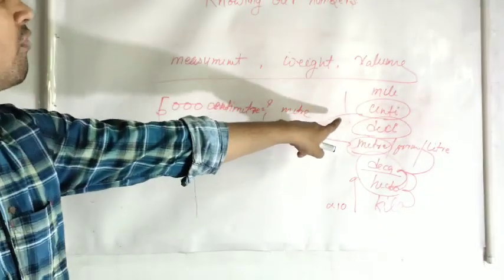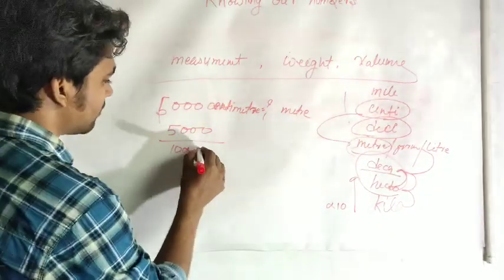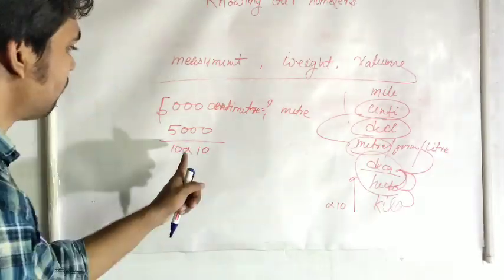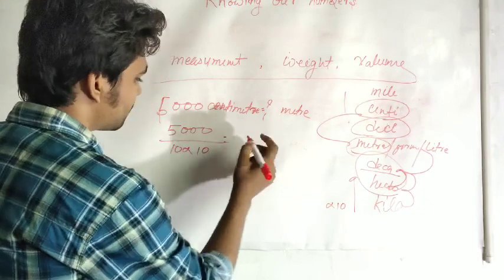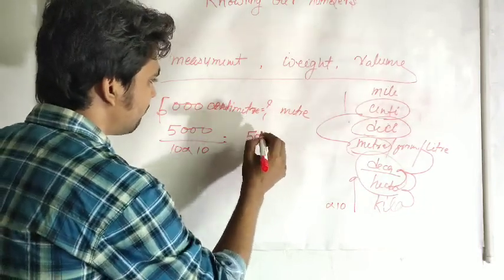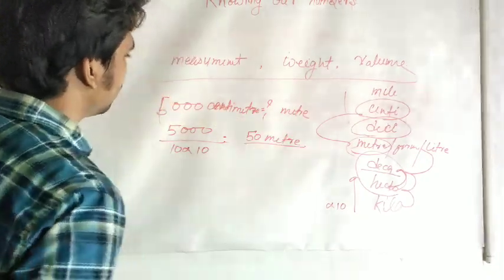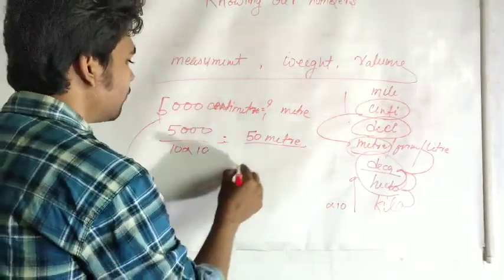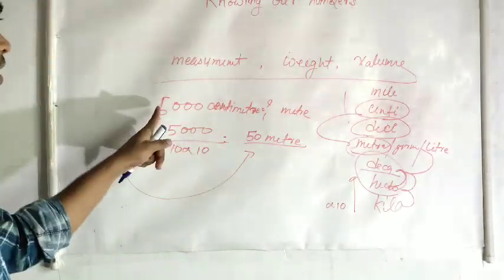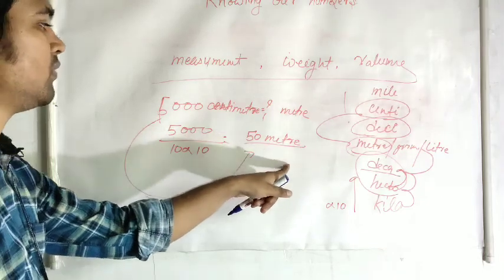Again when we go one step lower, we again divide by 10. So what we see here is that this comes to 50 meter. So 5000 centimeter is equal to 50 meter.